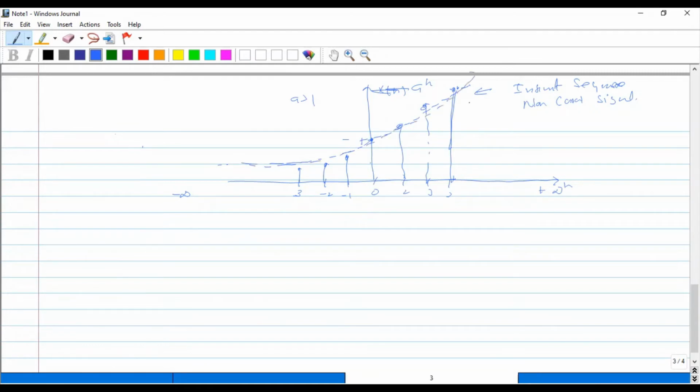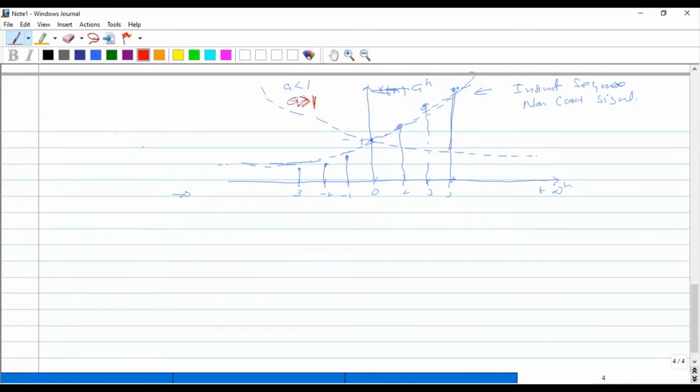So we have an exponential distribution like this. This is a^n. If a is less than 1, this curve will be the other way round. Sorry, I made a mistake. This curve is for a greater than 1.